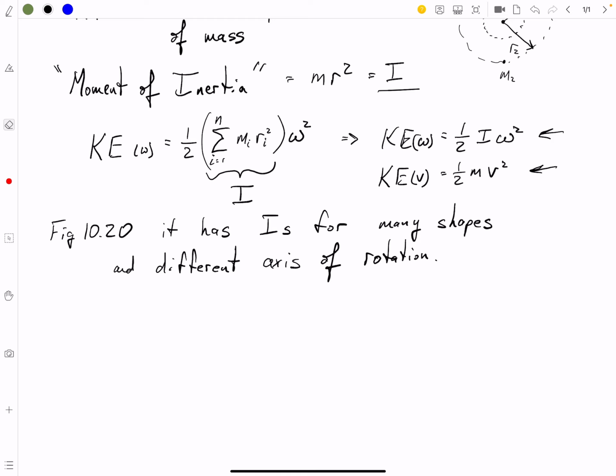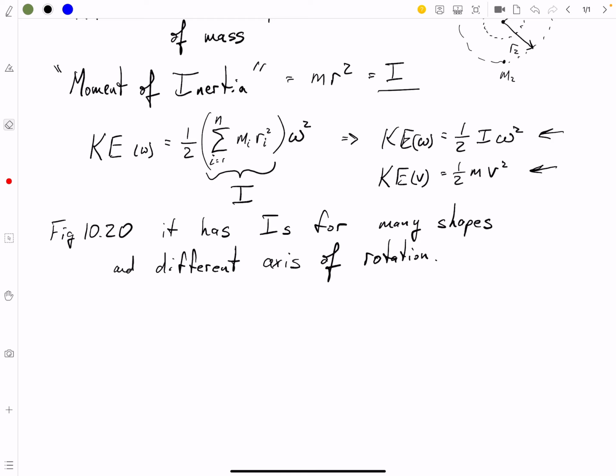But for the most part, you just have that, and then you go to that and you say, oh, okay, now this is what I want to use for my moment of inertia. So you don't actually have to calculate it every time you want to do something. You can go to that figure and get your moment of inertia.